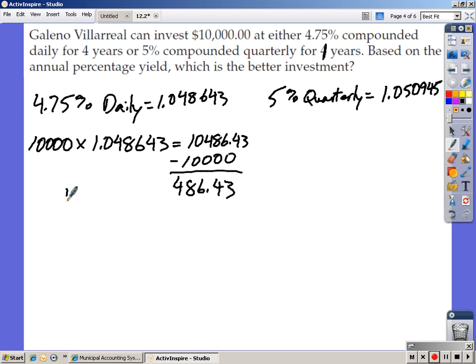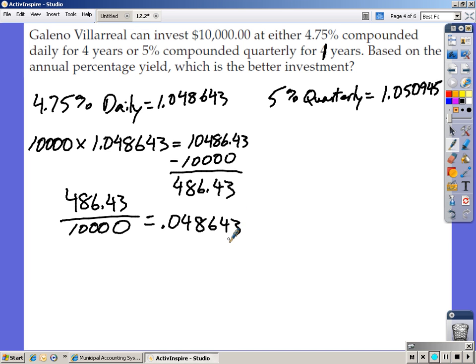Take 486.43 divided by 10,000. Okay. You end up with 0.048643, which works out to be 4.86% APY.